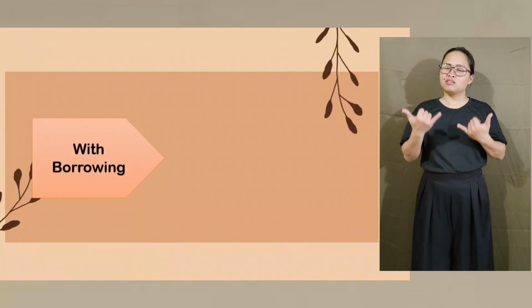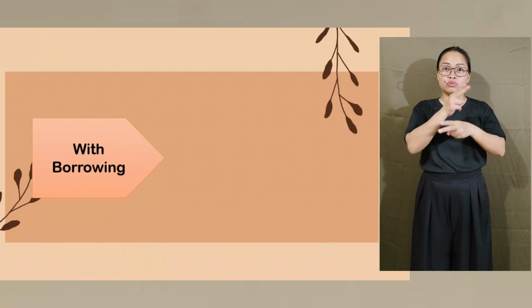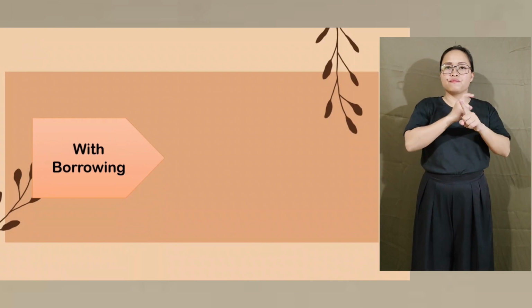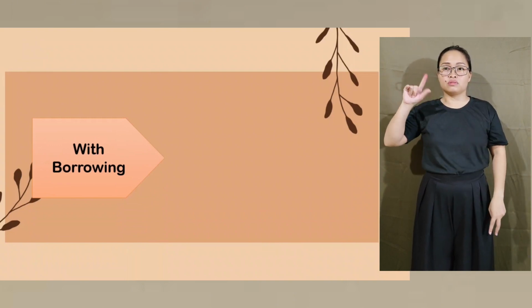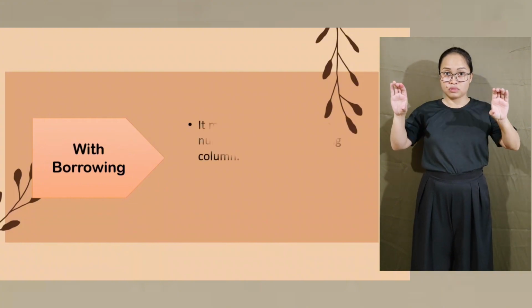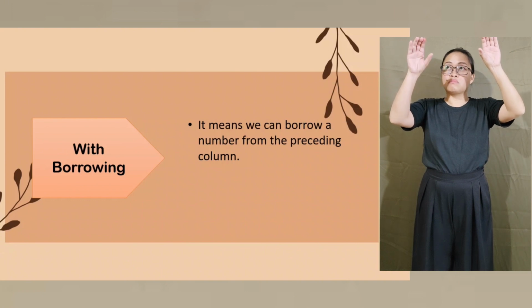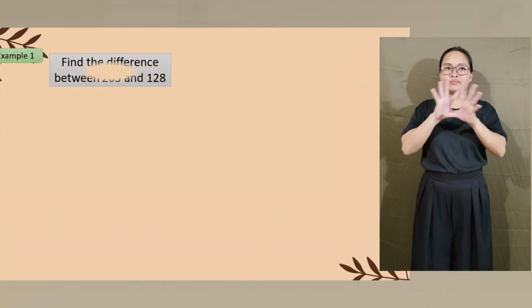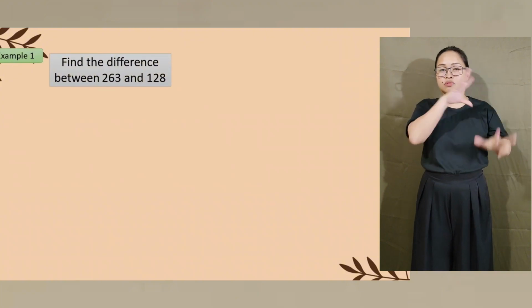Now when can we subtract numbers with borrowing? We can subtract with borrowing if a certain digit from a minuend is lesser than a certain digit from the subtrahend. So it means we can borrow a number from the preceding column or from the preceding place. Example: find the difference between 263 and 128.